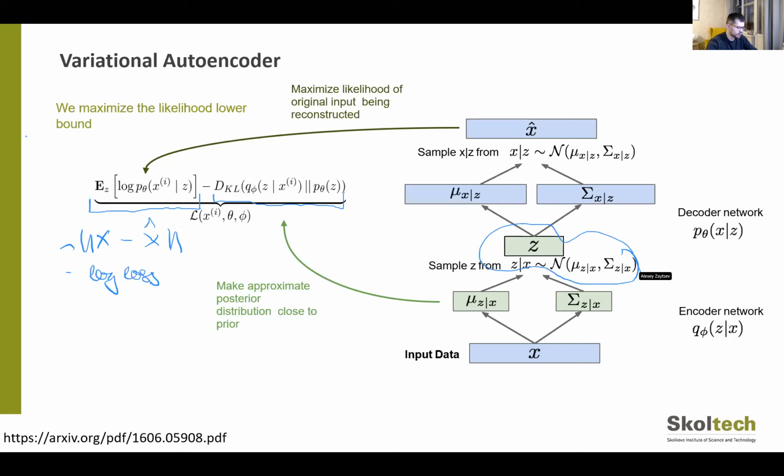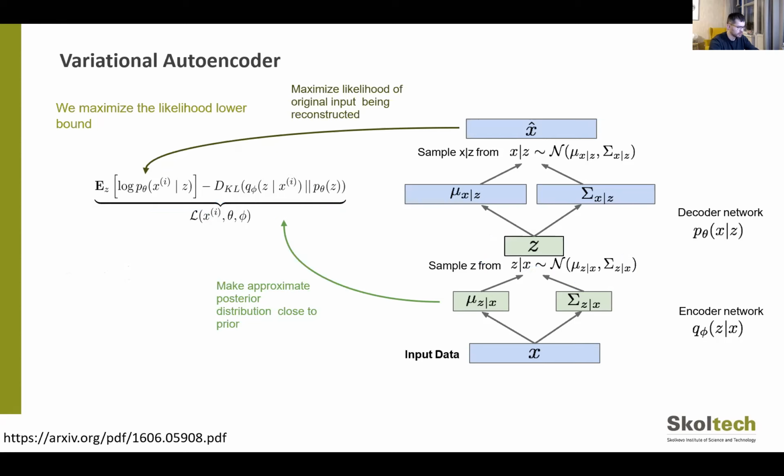We say that we want the distribution to be close to the canonical Gaussian distribution, so zero mean, unit variance, and this is our picture of that. And we can calculate the Kullback-Leibler divergence.